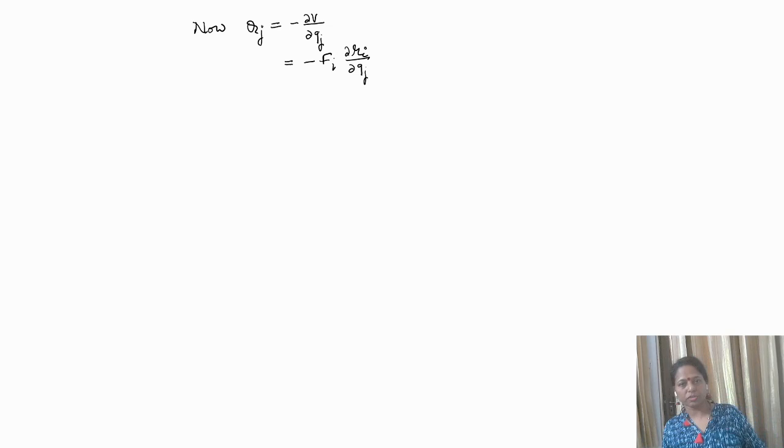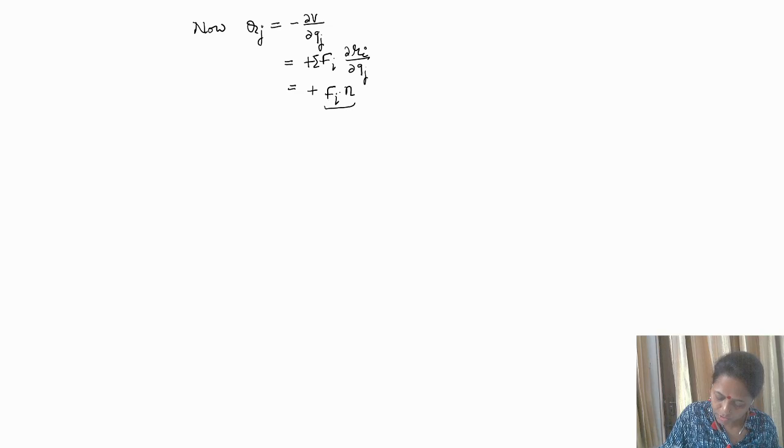This was the expression for Qj, and delta ri by delta qj is n.